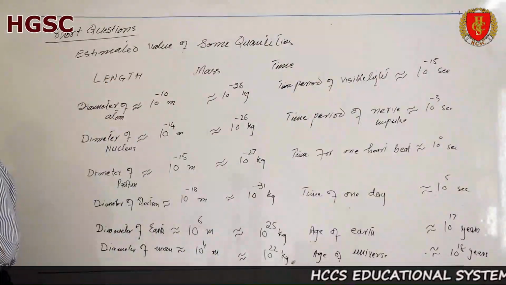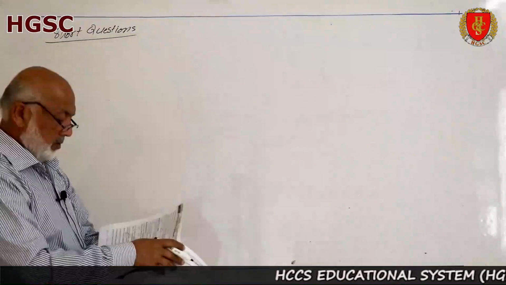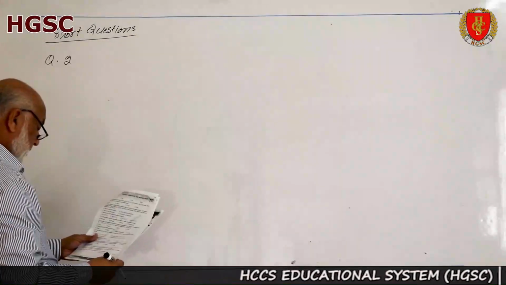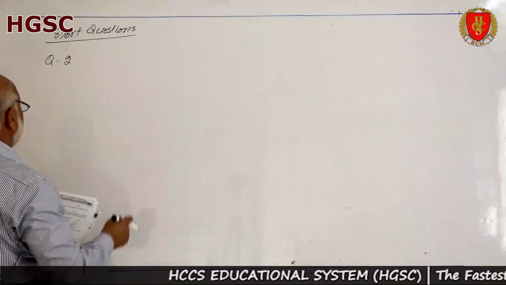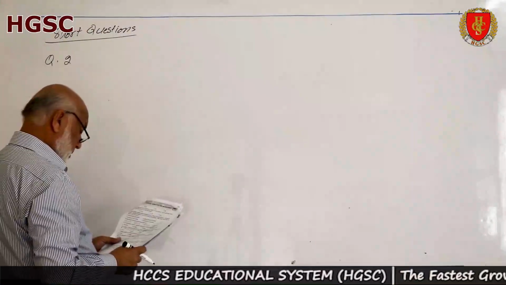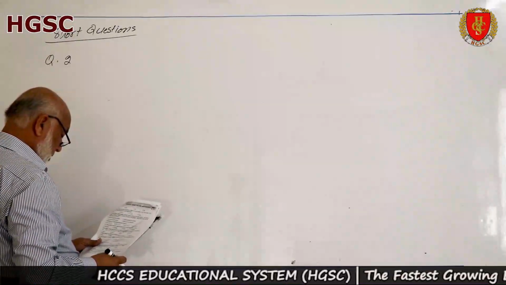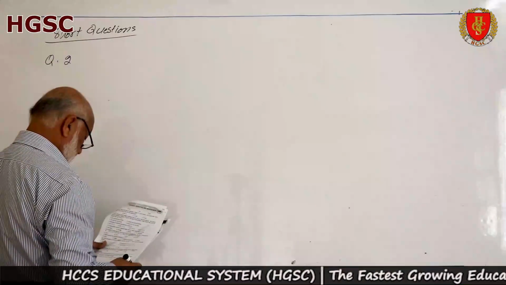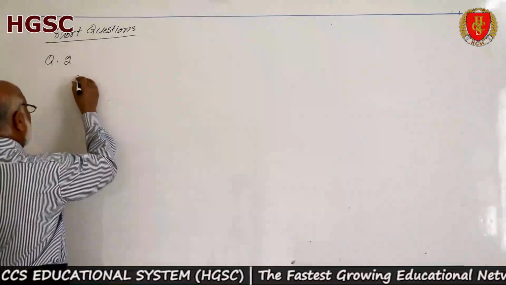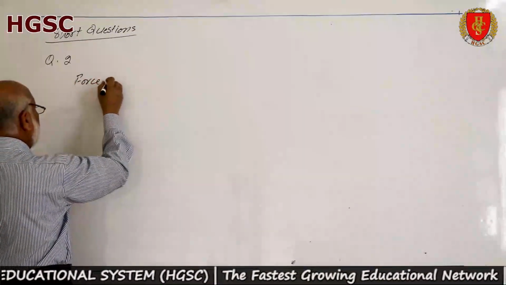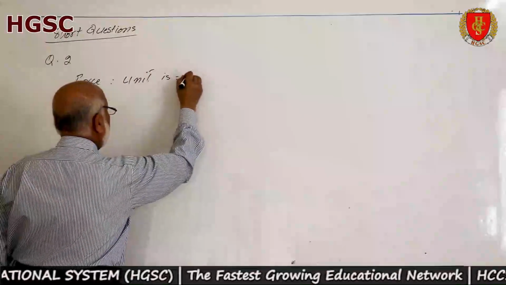Now we take next question. Question number 2. Express the unit of the following derived quantities in base units. We have to convert the units of derived quantities in terms of base units. For example, force, unit is Newton.